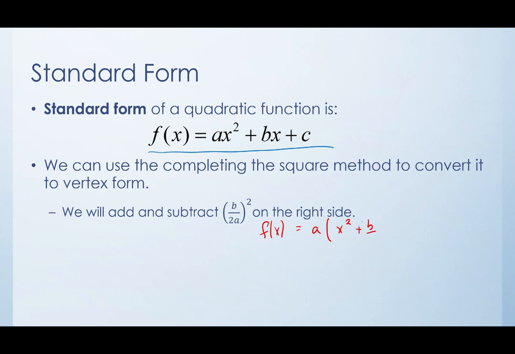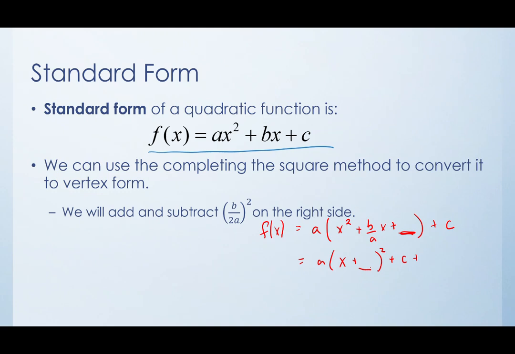That means our x term is really a b over a. And I'm going to throw c out here. So I need to figure out what I'm going to add here to make this an x plus something quantity squared, right? So we've got to figure out what goes there.